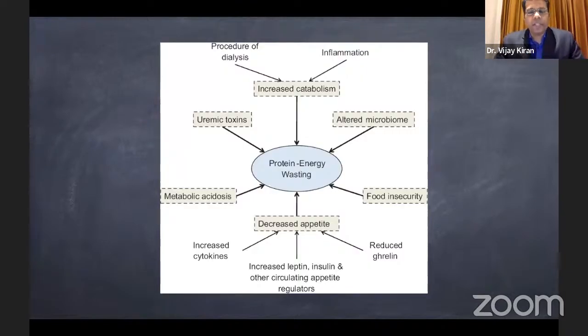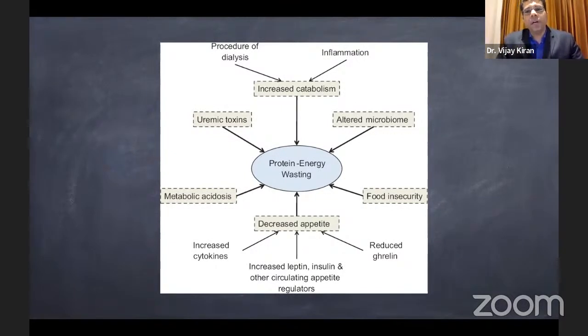Now let us try to understand why such an amount of protein energy wasting occurs. First, as the blood moves through the extracorporeal circuit, it causes a sort of inflammation, a cytokine storm. This leads to increased catabolism, number one. Second, there will definitely be loss of amino acids through the dialyzers.